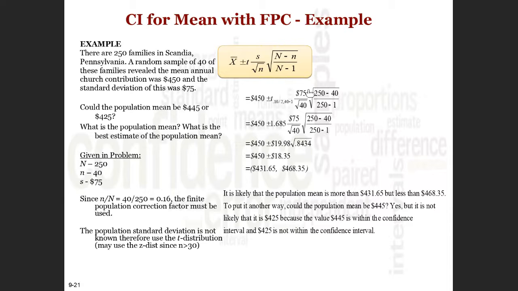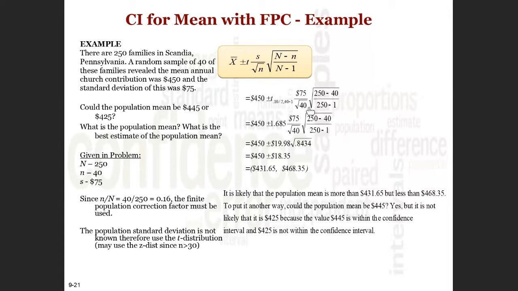Okay, so in the formula, we have 450 plus or minus, plug in the values. So we have 450 plus or minus $19.98 times the square root of 0.8434.